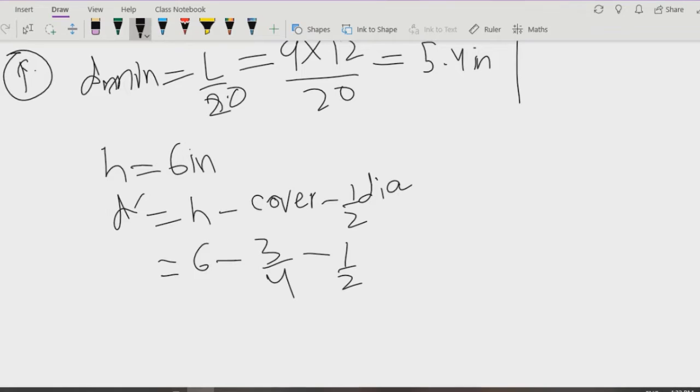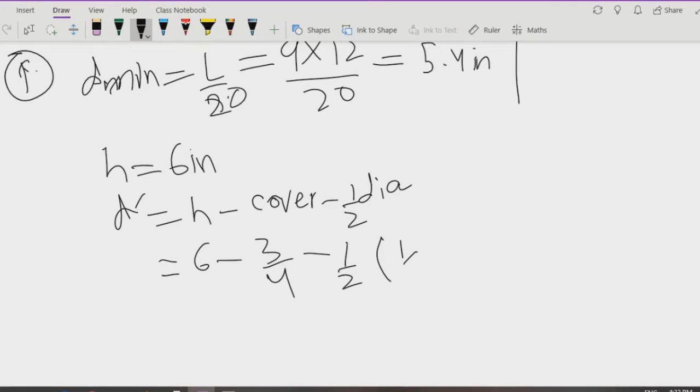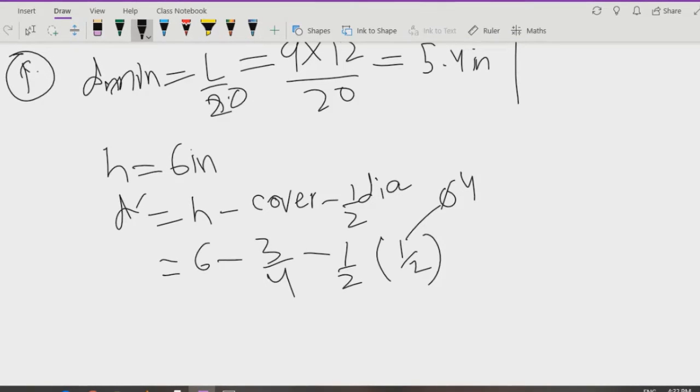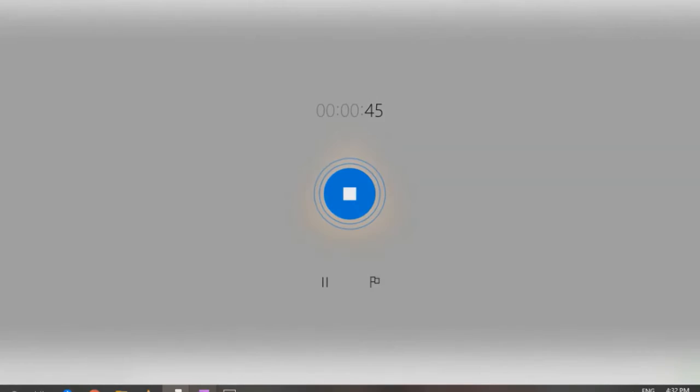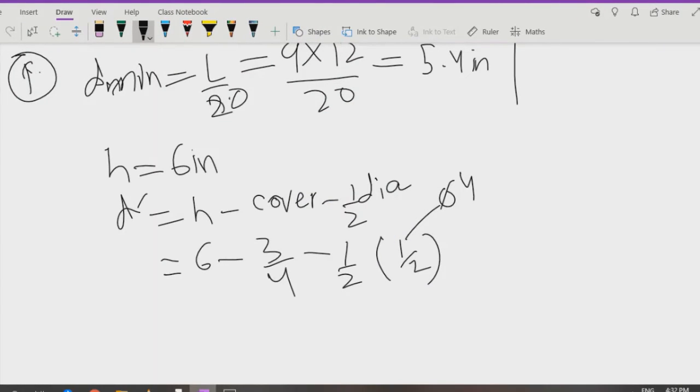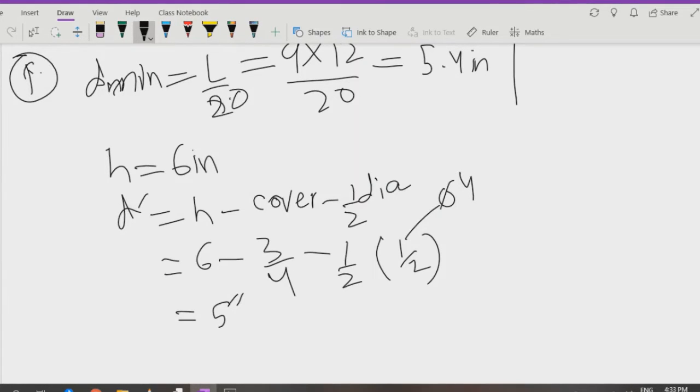We assume our dia is half inch, which means it is a number 4 bar, because number 4 means 4 by 8, which is 1 upon 2 inch. By calculating this, we got our effective depth equal to 5 inches. So this is the first step.